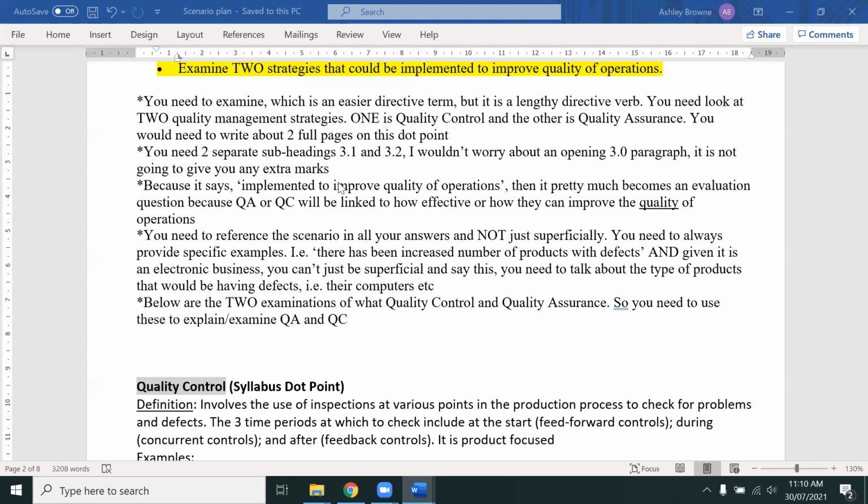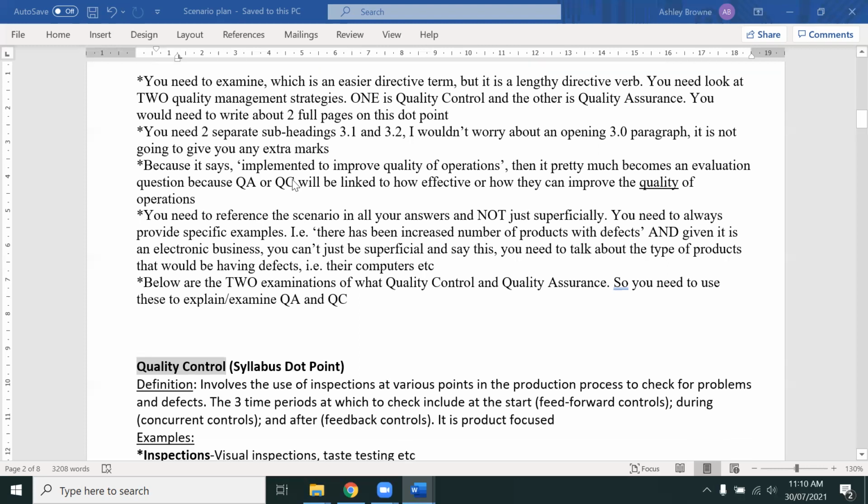Now, because it says this particular quote, "implemented to improve quality of operations," this is from the question. As I said, it turns it into, you've got to talk about how they can use these quality strategies to make it effective.